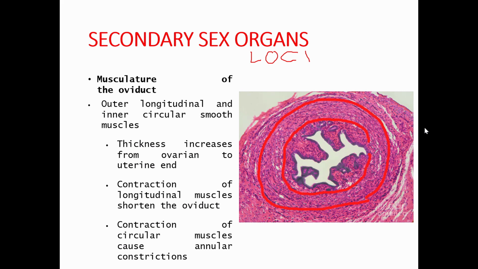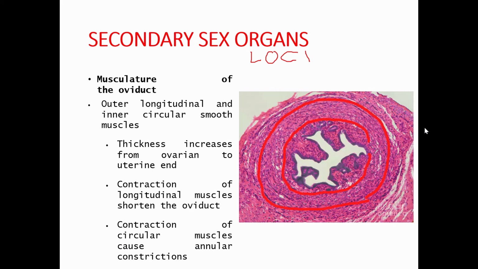Kapag nag-contract ang outer muscles, this will shorten the oviduct. Kasi pa-longitudinal yung striation ng muscle. Ang circular muscle na nasa inner, pabilog siya at nag-contract, ibig sabihin, liliit yung lumen or diameter ng oviduct. Nagkakaintindihan tayo?